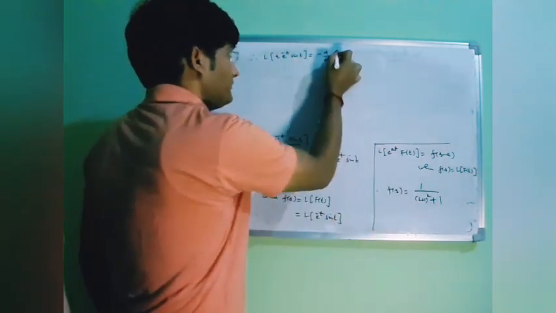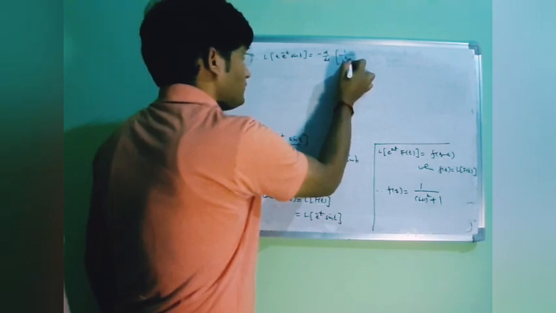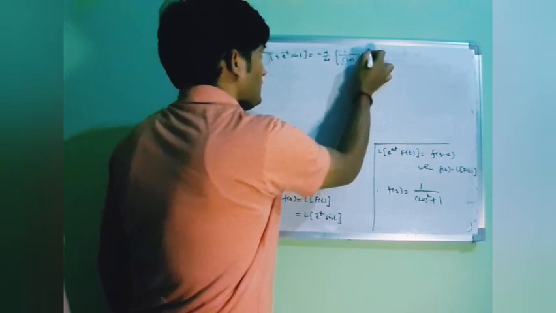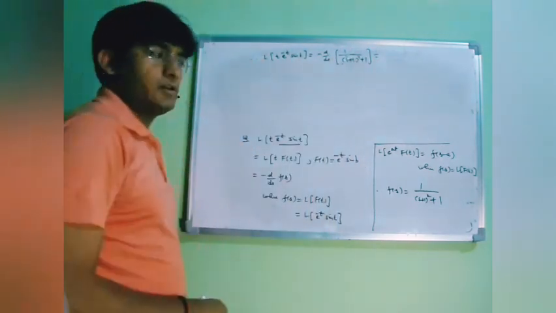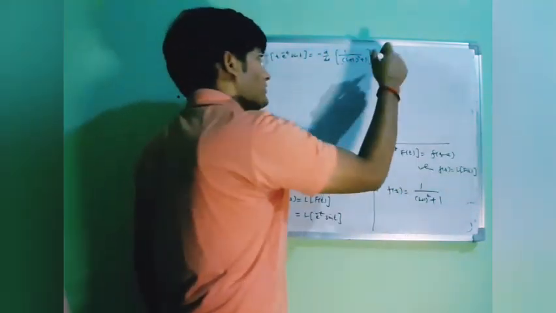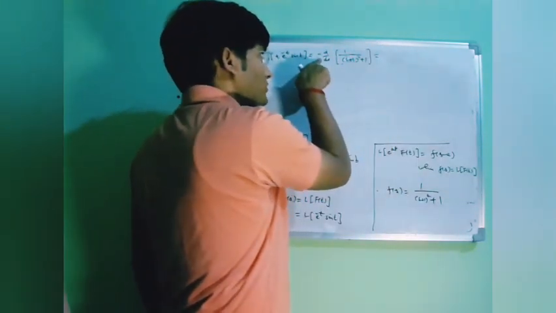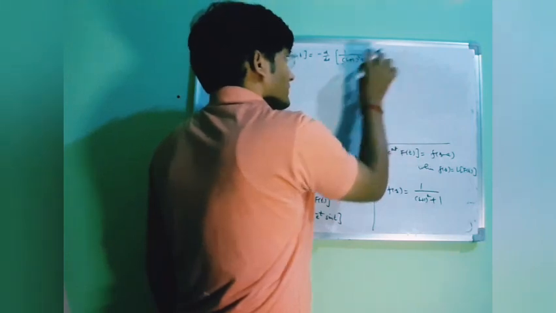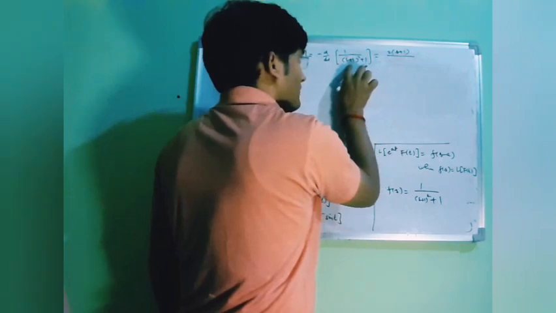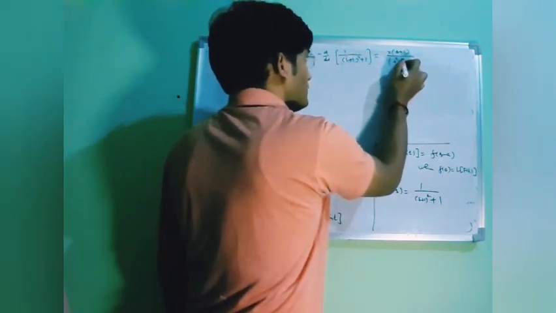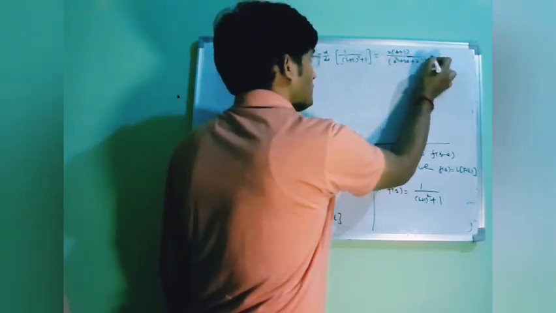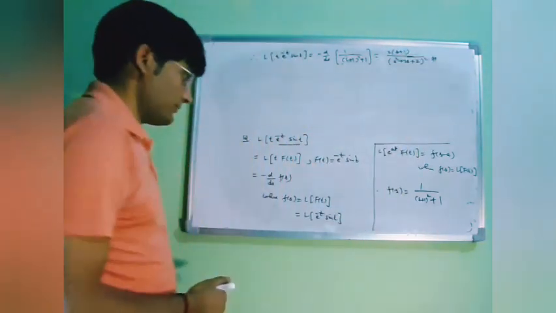F(s) means this term, 1 upon (s plus 1) whole square plus 1. So you can differentiate this one. Taking this term in the numerator, we will have power minus 1, and after differentiation this power minus 1 will come outside, and after differentiation of this term, we will have 2s plus 1 divided by its whole square. So s square plus 2s plus 1 means 2 whole square. So this will be the differentiation.